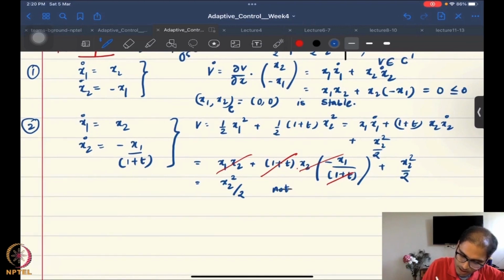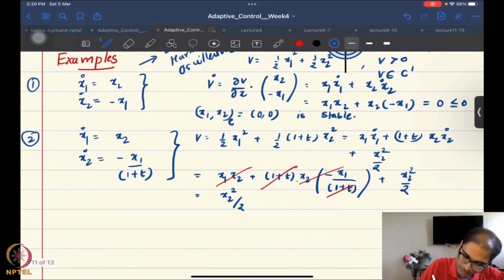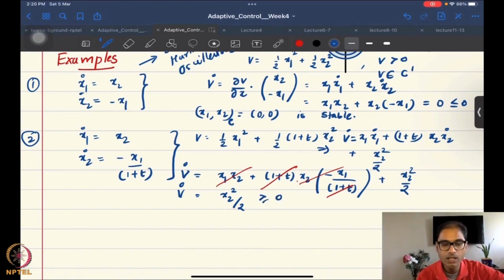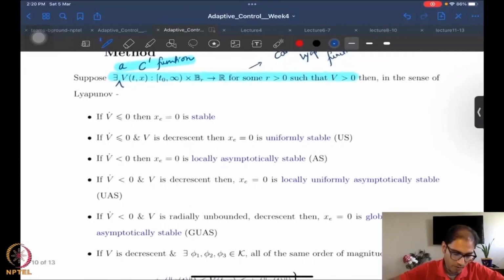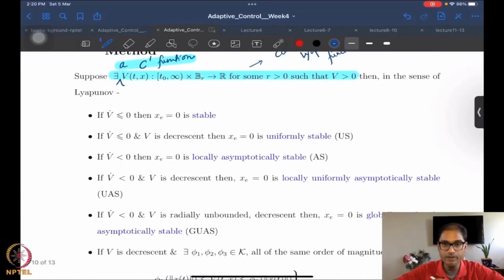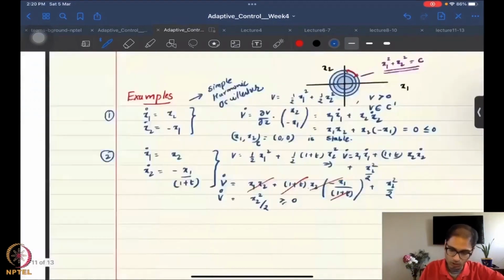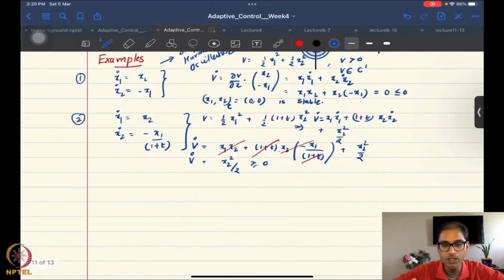In fact, it turns out that v dot is positive semi-definite, and this is not good at all, because all the Lyapunov theorems rely on v dot being negative semi-definite or negative definite. We do not want v dot to be positive definite or positive semi-definite at all.